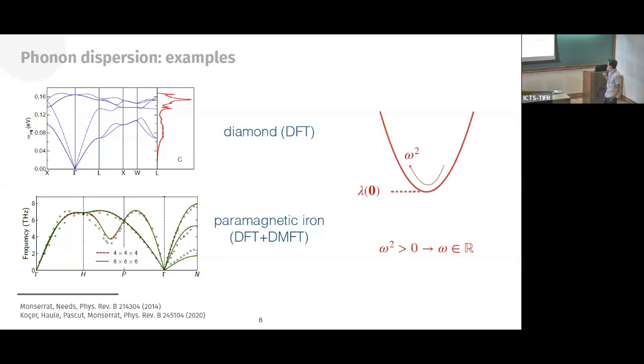And both of these examples correspond to a situation where the eigenvalues of my Hessian are positive, and that leads to real and in fact positive phonon frequencies. And that means that we're near a minimum, so the structure is dynamically stable.